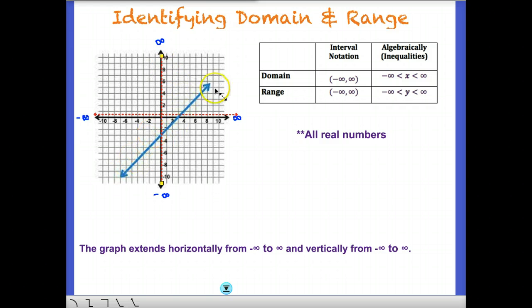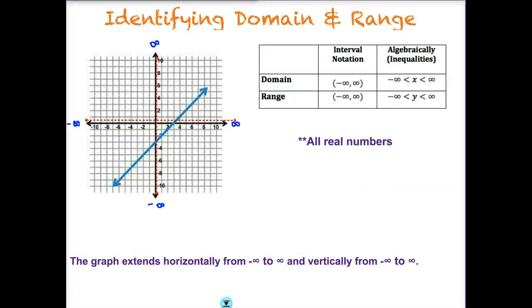So even though it's angled, we can see that this graph extends up and to the right, as well as down and to the left. And notice that our range is written the same way as our domain. We go from negative infinity to positive infinity. So y is greater than negative infinity and less than positive infinity.